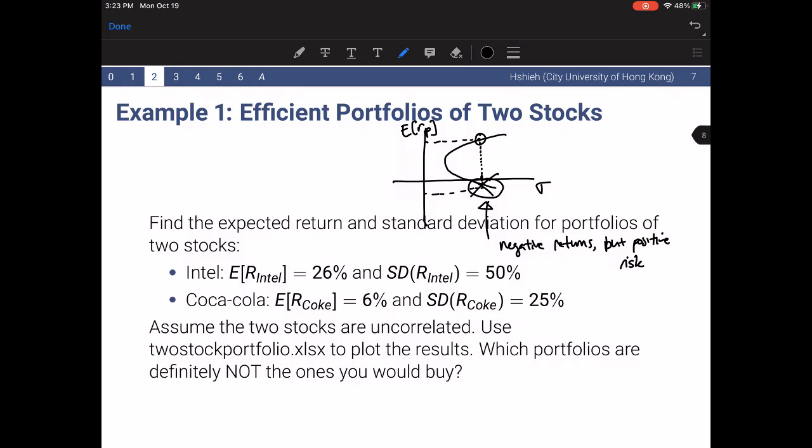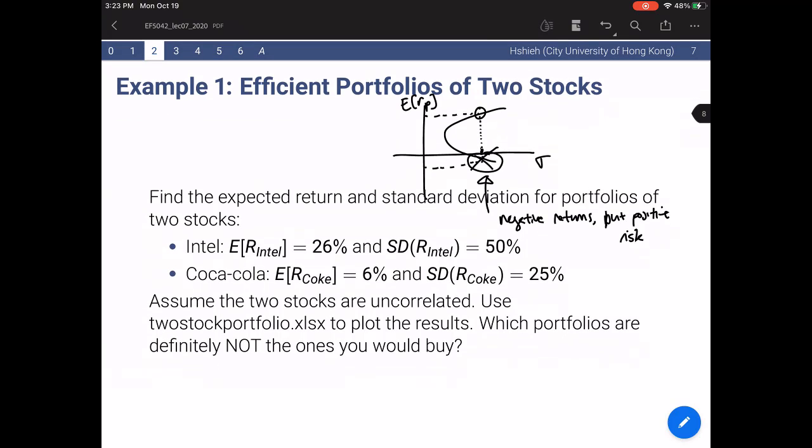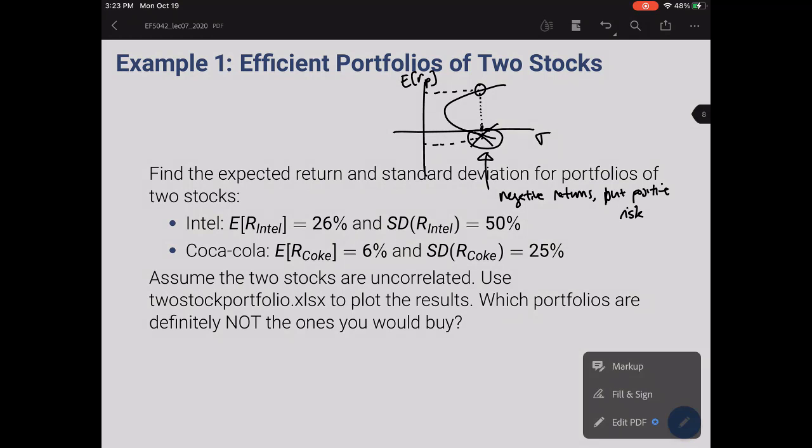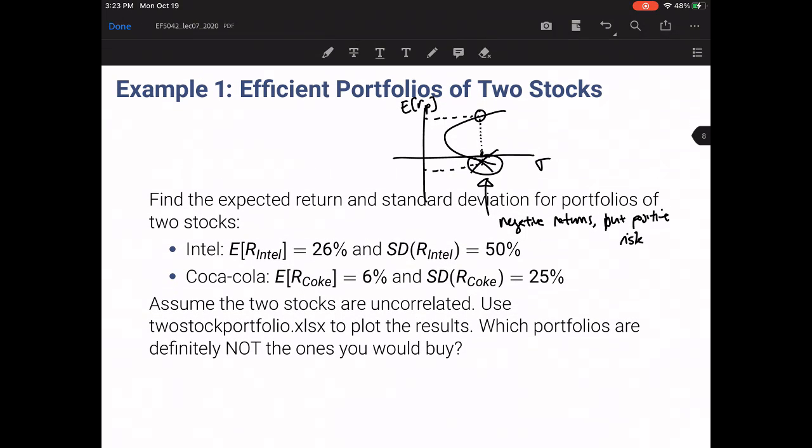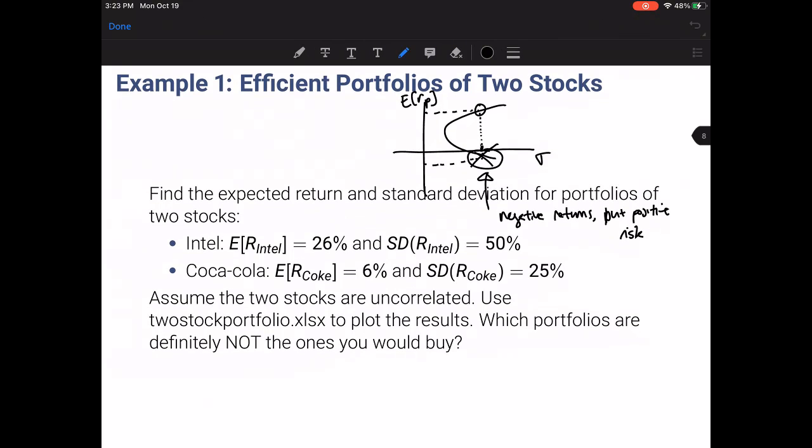So let me give you the instructions just in case what I said is hard to follow. What I wanted you to do is to calculate two expressions. First, calculate the expected return of your portfolio, which is simply the weight W times the mean return of Intel, plus 1 minus the weight.